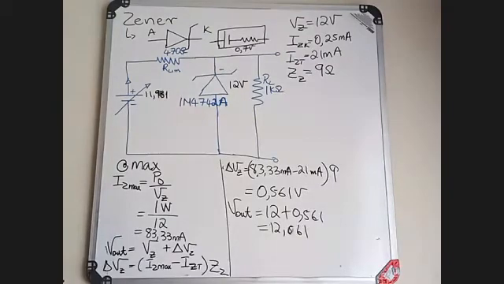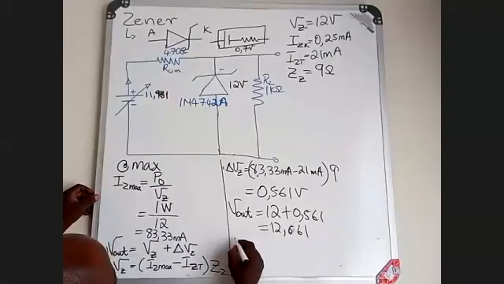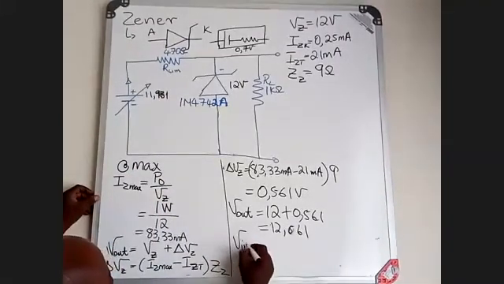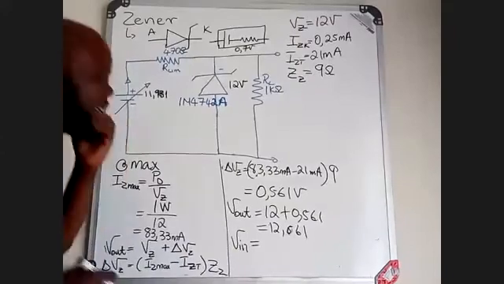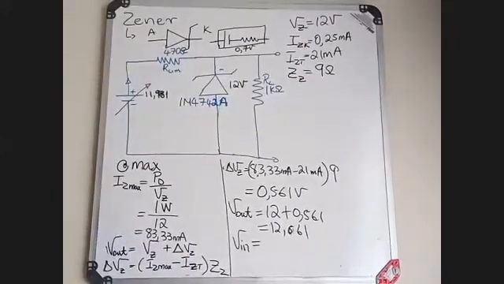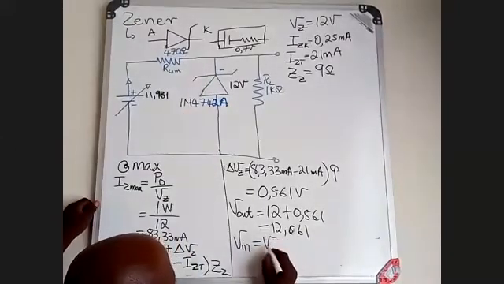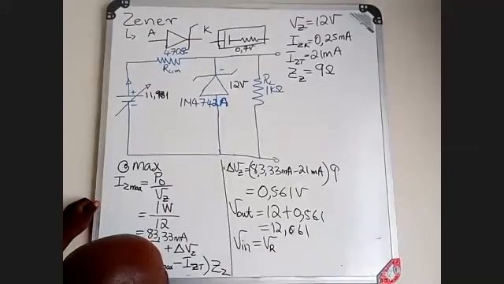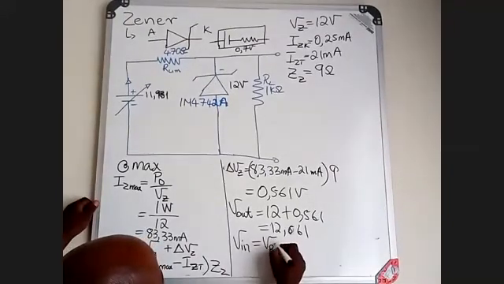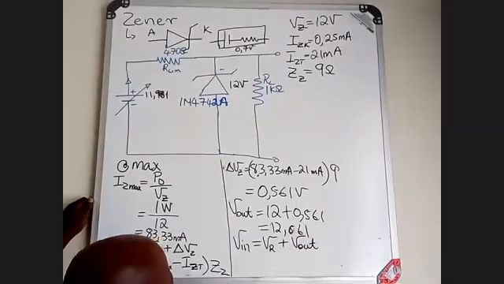Okay. Then, once we get these, we're going to see our V in. Our V in is going to be V R plus your V out.